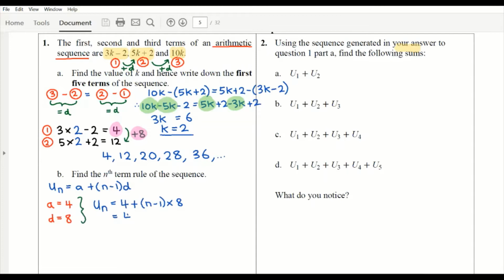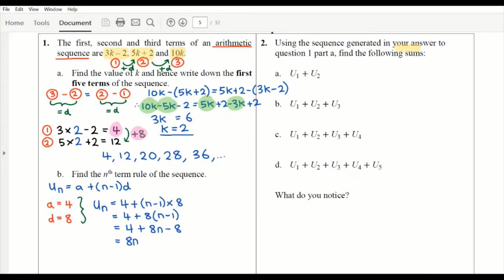So this is going to be 4 added to 8 multiplying N subtract 1. Expand the brackets. 4 added to 8 times N, 8N, subtract 8. Okay, and then we're going to have 8N.